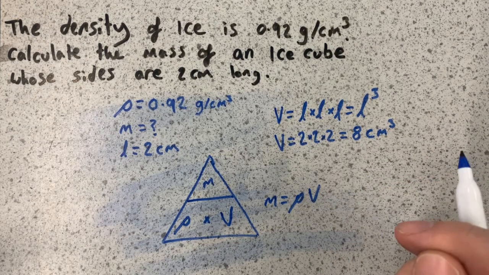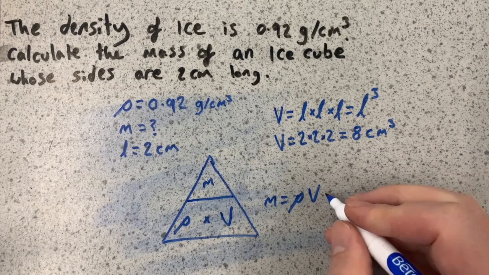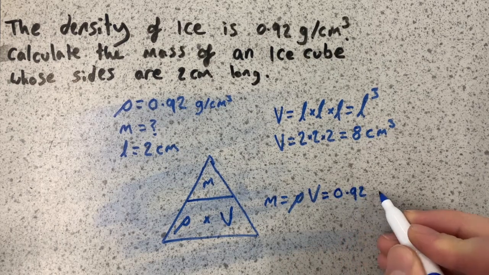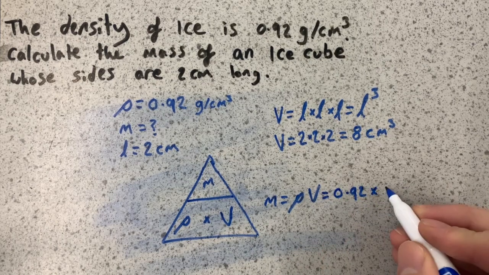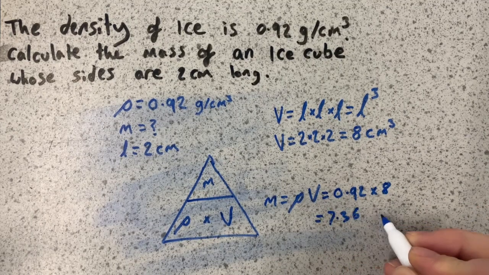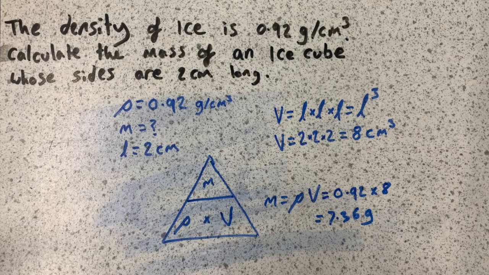But if you like to, because it makes you feel more comfortable, go for it. It doesn't matter at all. And then I've got my density, which is 0.92, and I'm going to times it by my volume here, which was 8, and I'm still going to end up with 7.36. And the unit, sorry, is grams. All right, so that's how I'd go about answering a question like this.